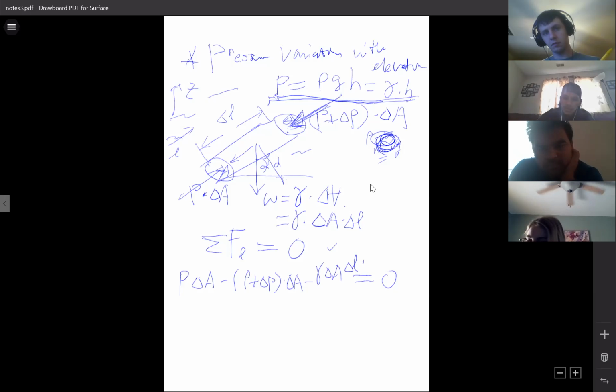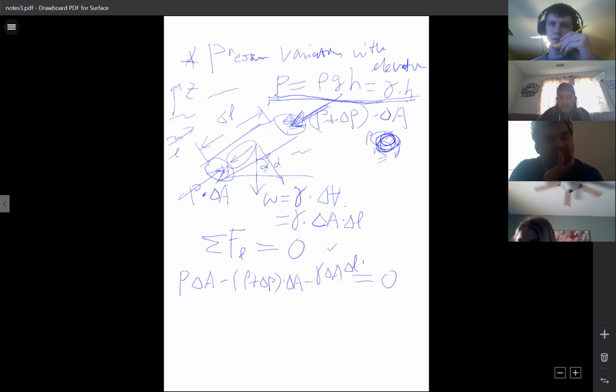Trigonometry. In this class, you really need to be good at trigonometry. Sine or cosine? I have two answers. Which one is right? You are looking at this component, and this is the W. So you're looking at the one in front of the angle. Should it be sine or cosine?